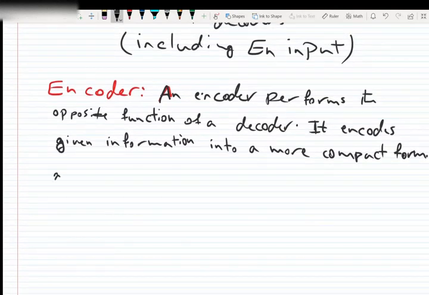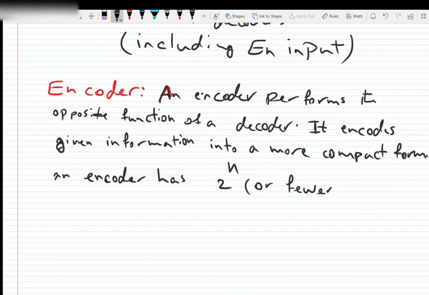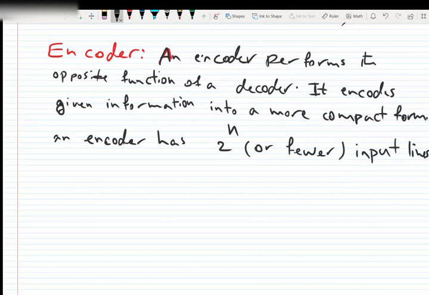An encoder has 2 to the power of n or fewer inputs or input lines and n output lines.